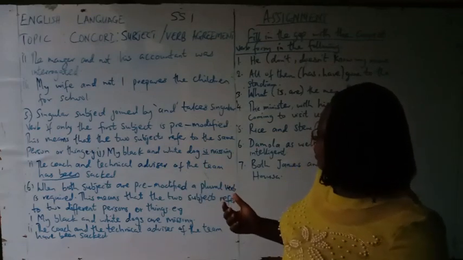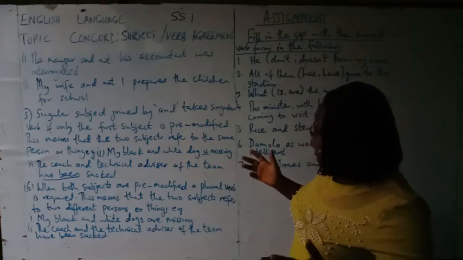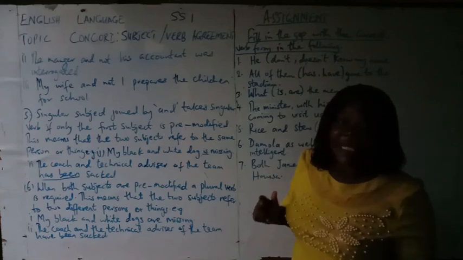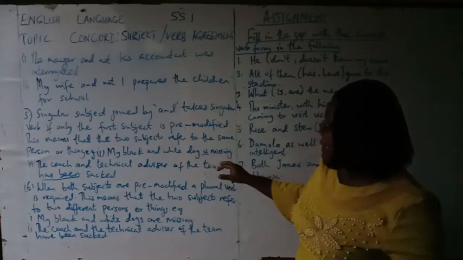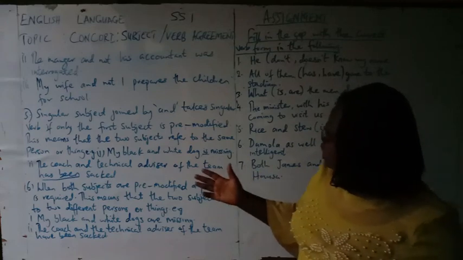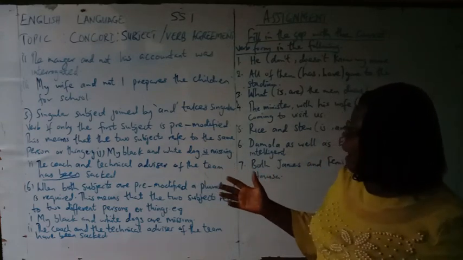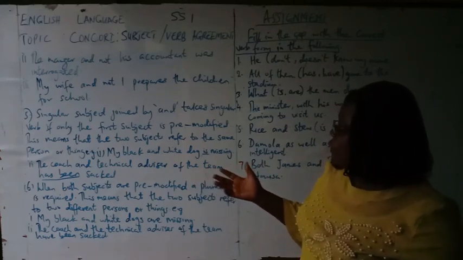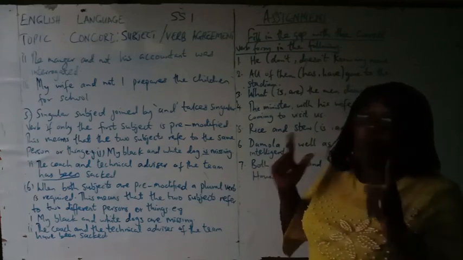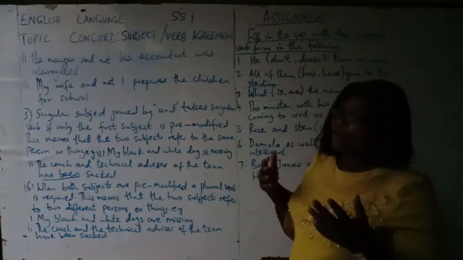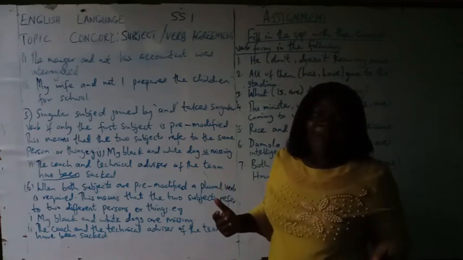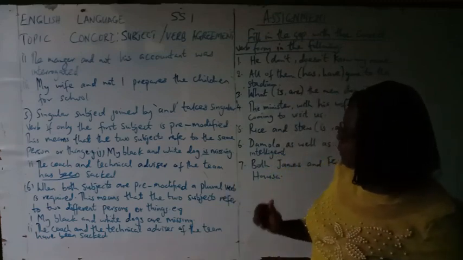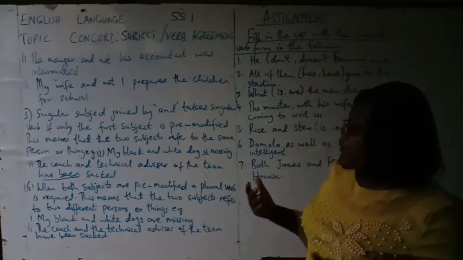For example, my black and white dog is missing, which means I have a dog that is black and white in color. So I have to use the verb "is", a singular verb. The coach and technical advisor of the team has been sacked. Has been sacked, a singular verb, because the coach and the technical advisor is one person. Just like you say, the president and commander-in-chief of the armed forces is here, not "are here", because it's one and the same person. So it should take a singular verb.